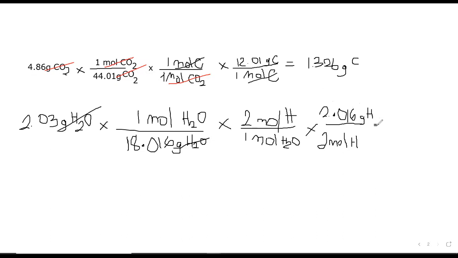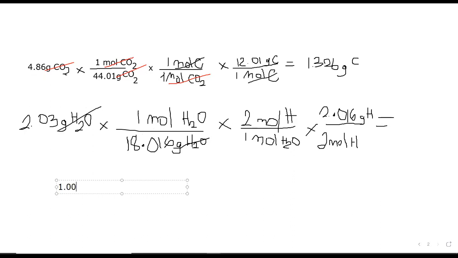Okay, so let's see if we can make sense out of this. This is the amount of water that is produced, as given. And then we said that we want to change the grams, the mass we were given, into moles. So what we did was we took the molar mass of water, which is 18.016, and we arrived at that as follows.